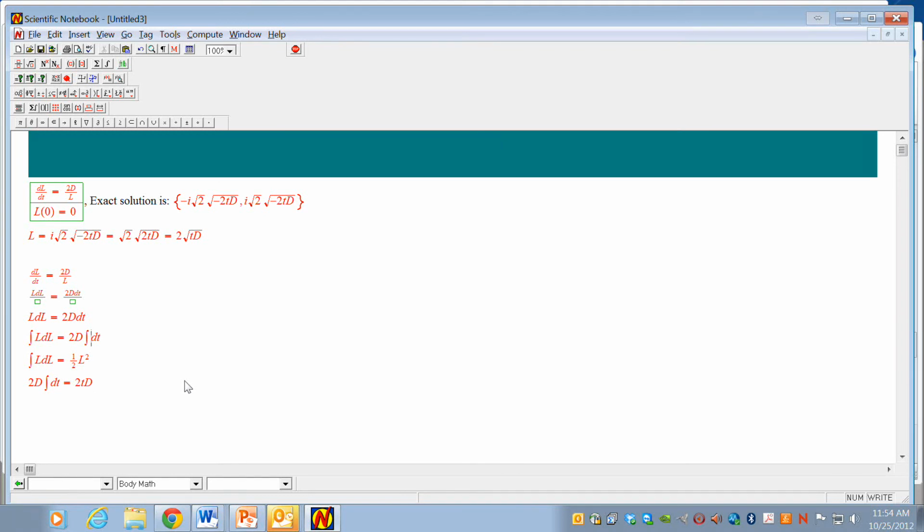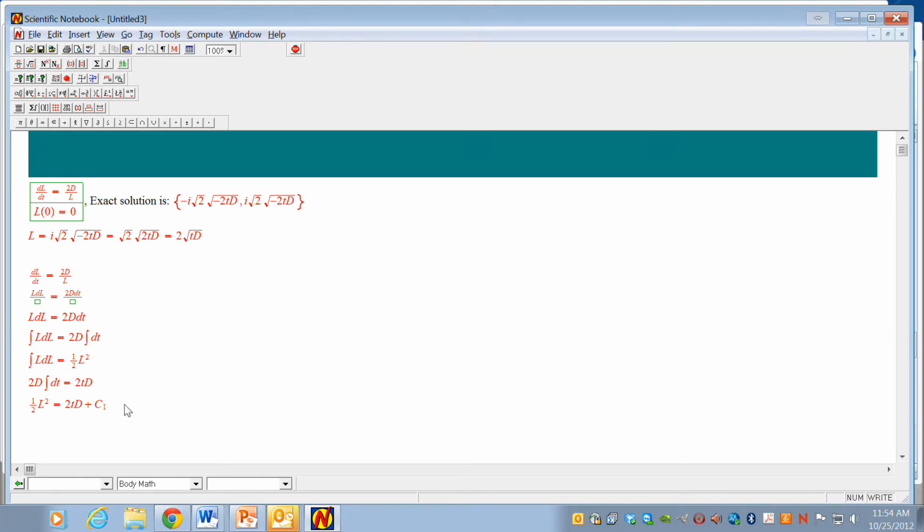So we can take these results and substitute back in there, and it amounts to that one equals 2 dt. And we need to include the constant of integration.